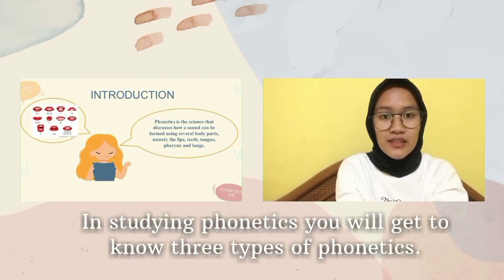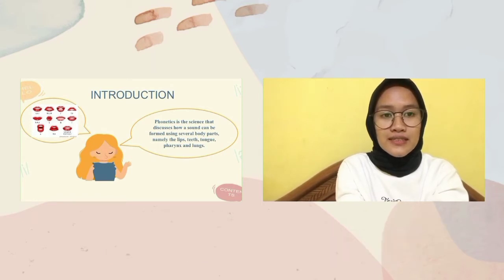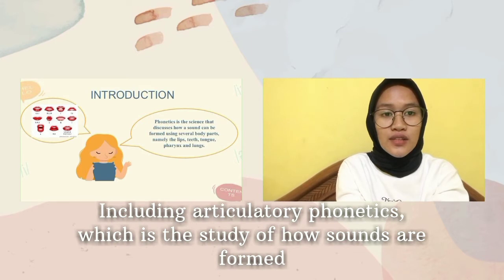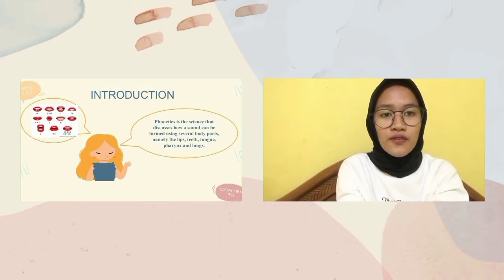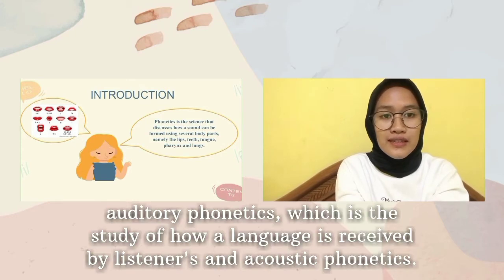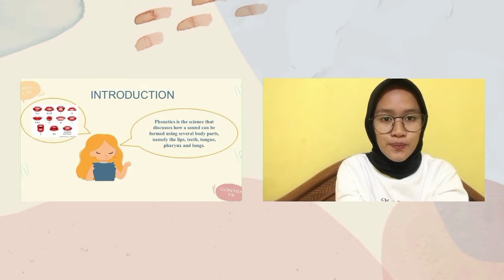In studying phonetics, you will get to know three types of phonetics, including articulatory phonetics, which is the study of how sounds are formed, auditory phonetics, which is the study of how a language is received by listeners, and acoustic phonetics.